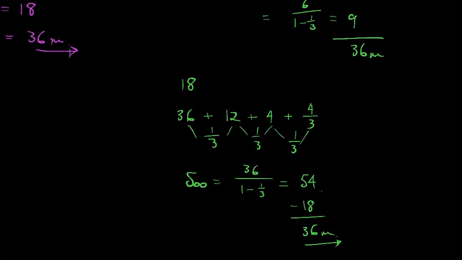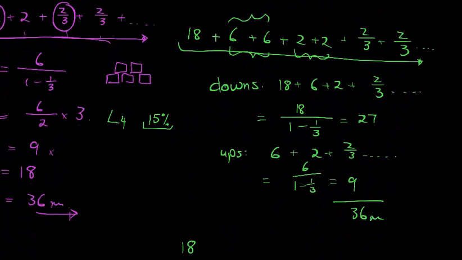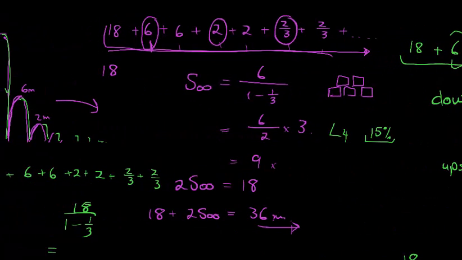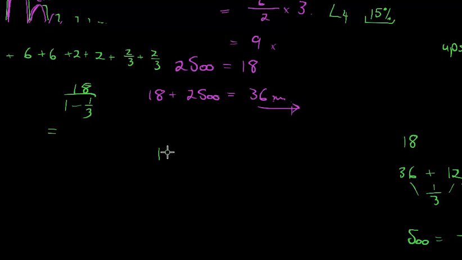There are many different ways you could have done it. For me, the way it made sense was that I had 18 to start with, and then the sum to infinity where 6 was my first term, but this only represented the upwards. So I must multiply by 2 because there's a downwards as well.